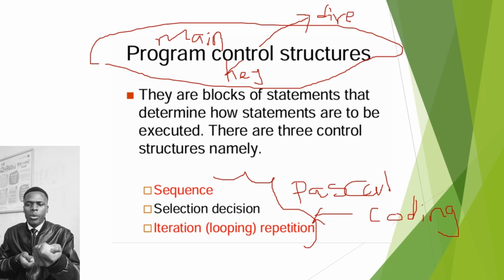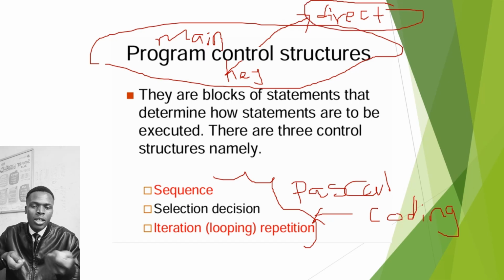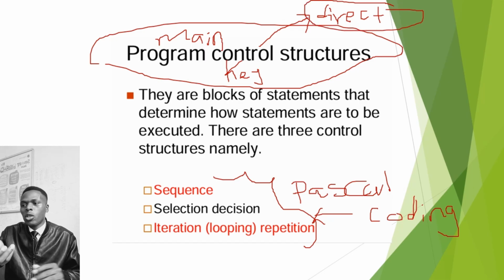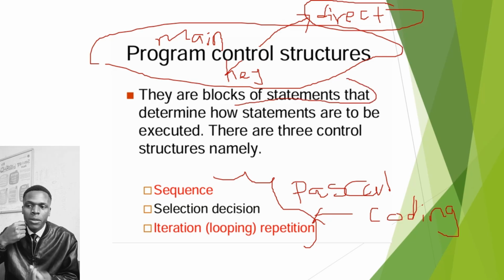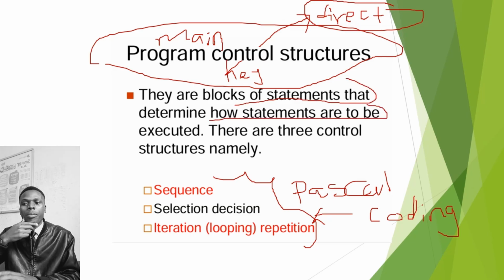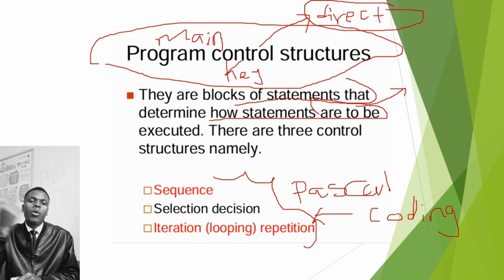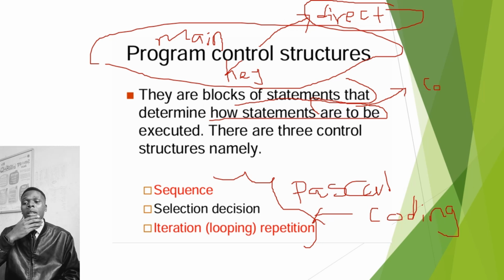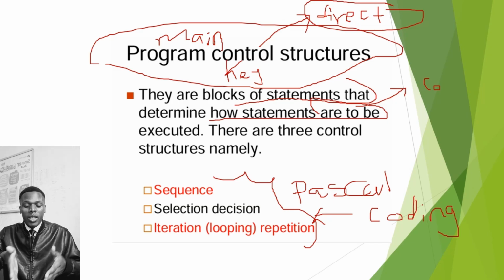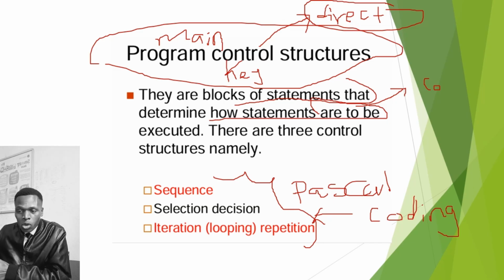You are telling the program, leave this one, execute this one. Leave this one, execute this one. So there are blocks of statements that determine how statements are to be executed. Like when we talked about the if statement, but we will go into that. You can also say they control the flow of the execution of statements.